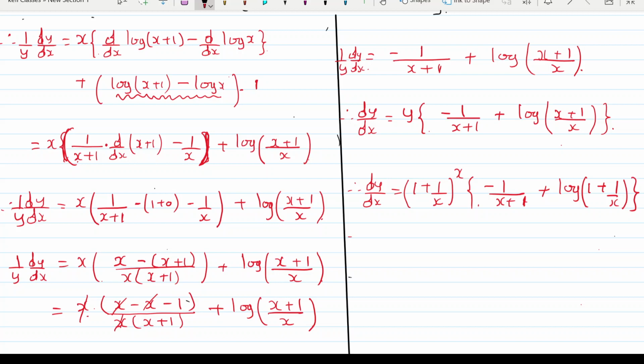So if we can make the term 1 plus 1 by x over here, separating x upon x plus 1 upon x, so x x cancels, so 1 plus 1 by x, so that is done, and that's by equation 1.